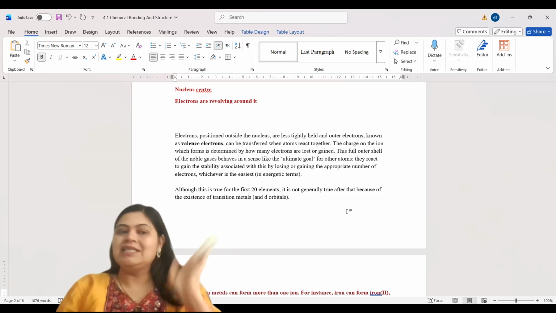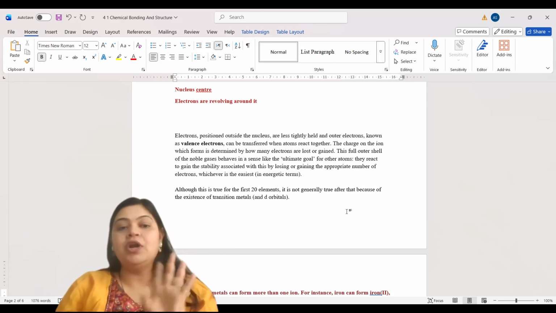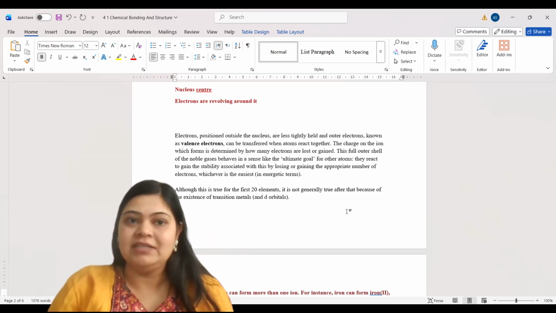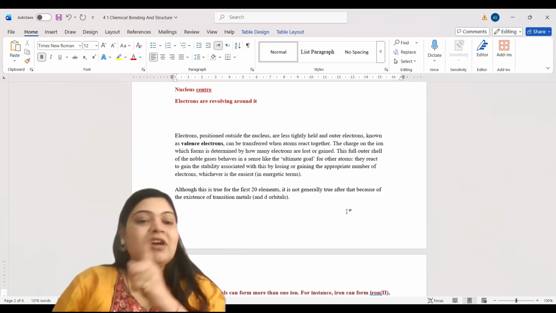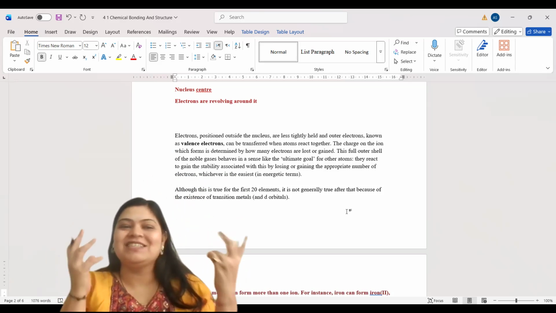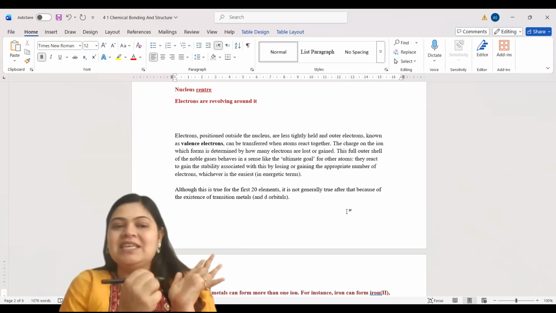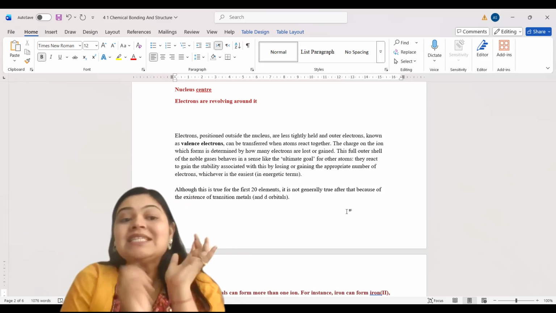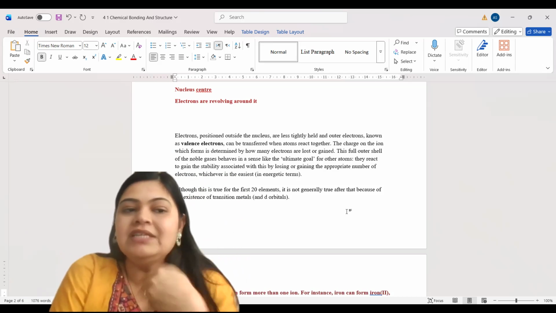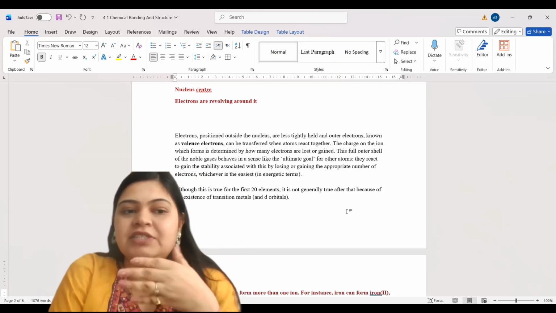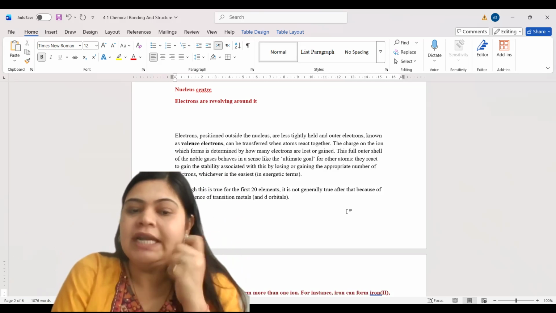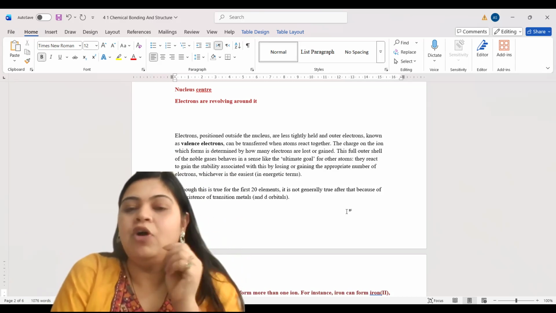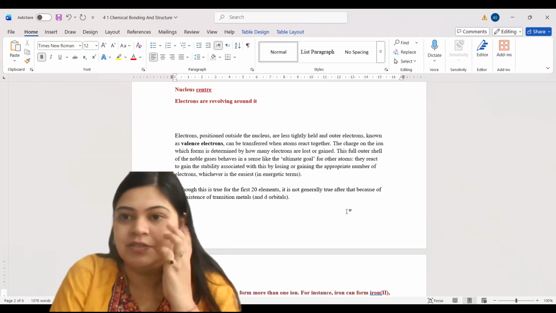So 1 to 20 it is applicable for, but it is not applicable for the d orbitals. D means Sc, Ti, V, Cr, Mn, Fe, Co, Ni, Cu, Zn. What is Sc? Scandium. So it is a transition metal. Transition metals or elements do not tend to get involved with the ionic structures.